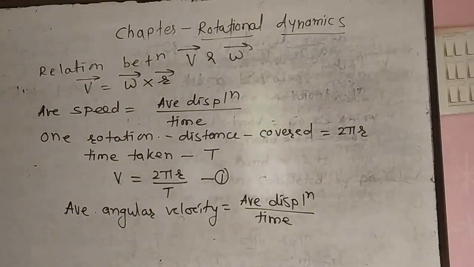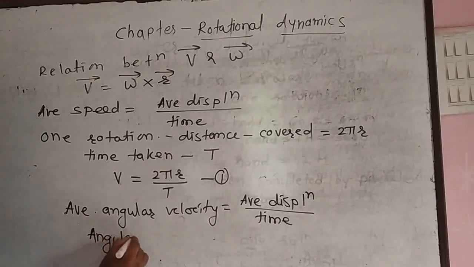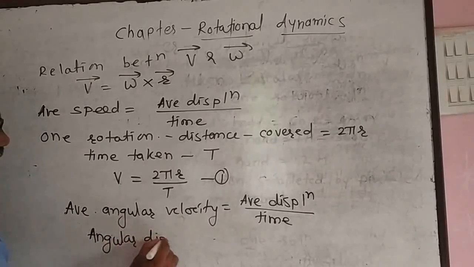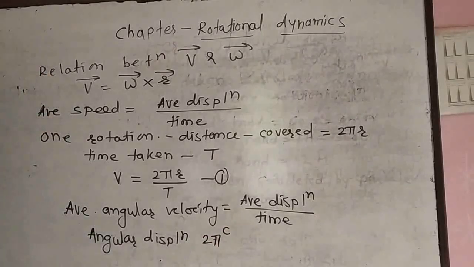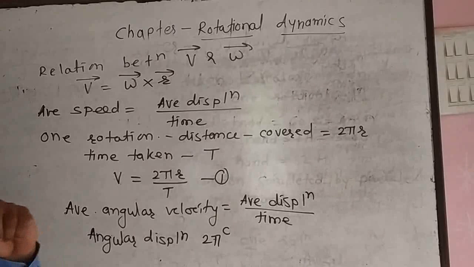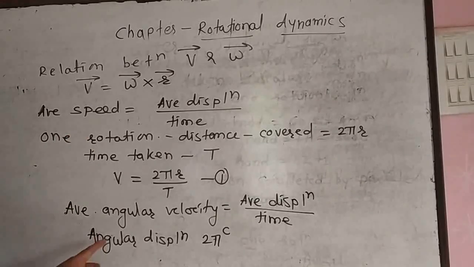Now, when the particle completes one rotation, angular displacement of the particle increases by twice pi radian.